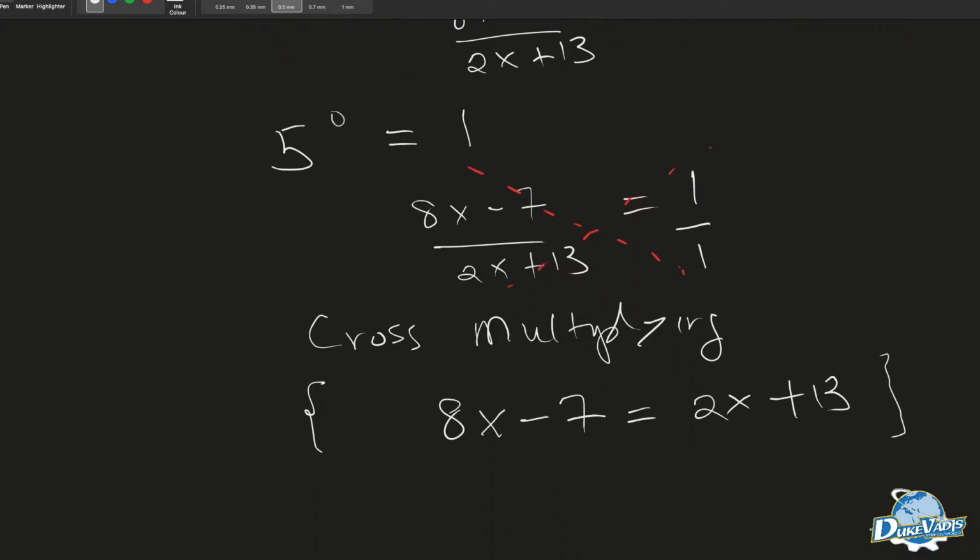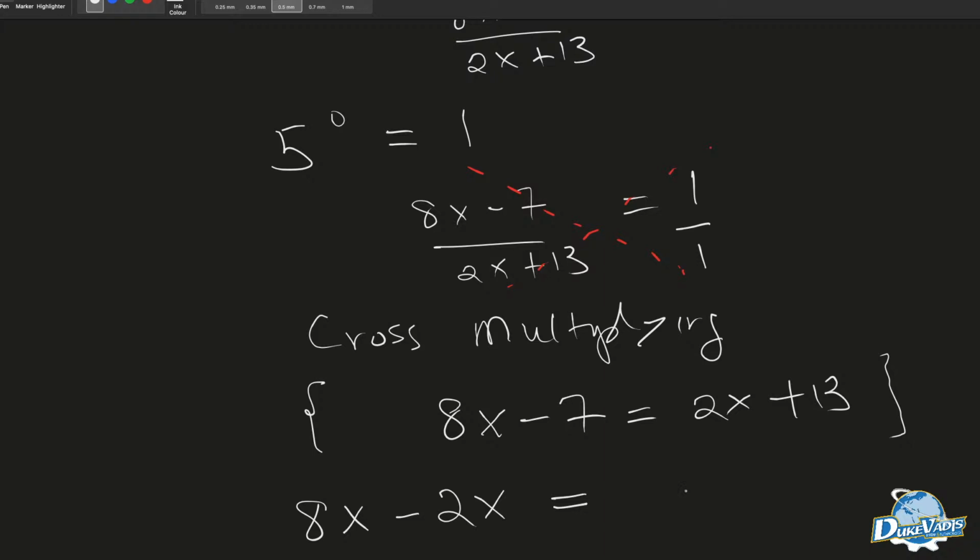So let's group the like terms. As we said earlier, whatever you do to the left, you do the same to the right. So when I move 2x from both sides, I'm going to get 8x minus 2x.